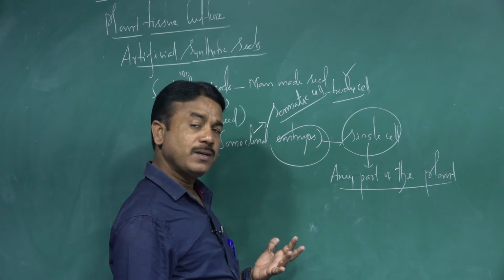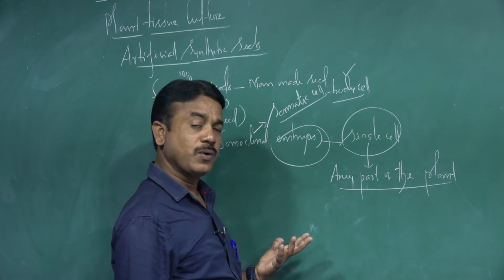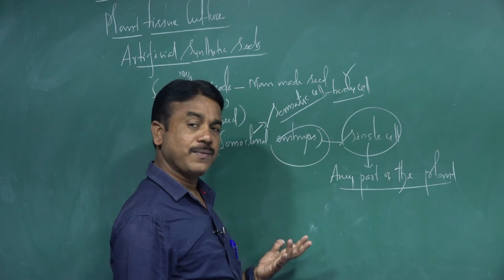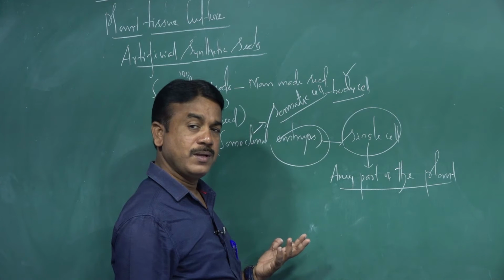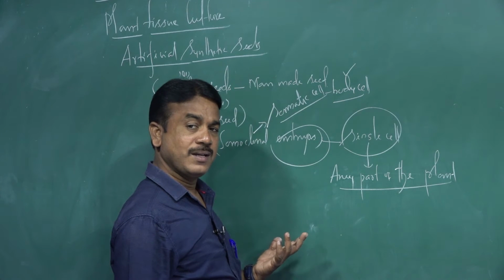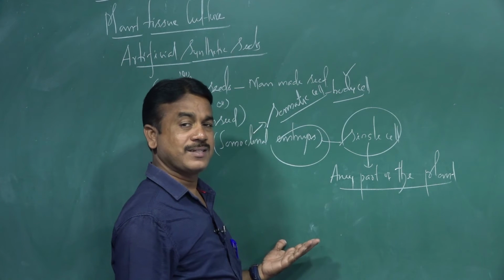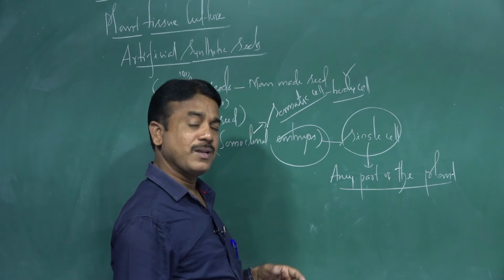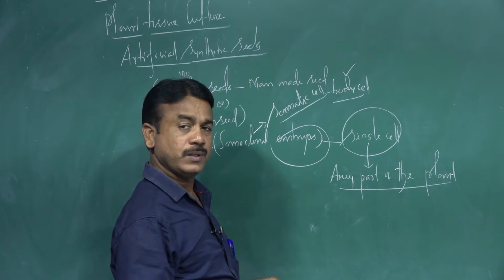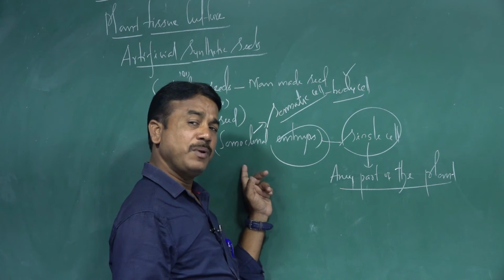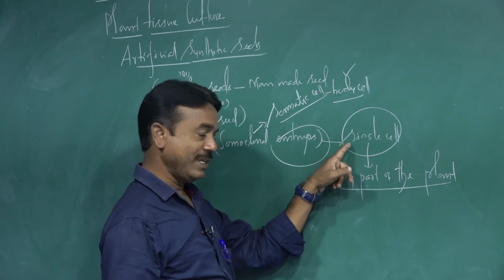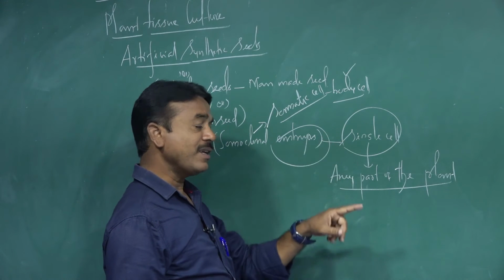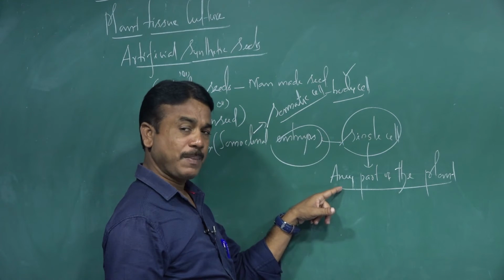In the shoot, there are different parts: leaf, stipule, pedicel, hairs, number of branches, whatever it may be. So the formation of the embryo is from a single cell derived from any part of the plant.